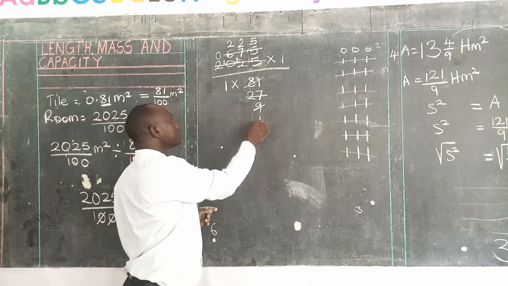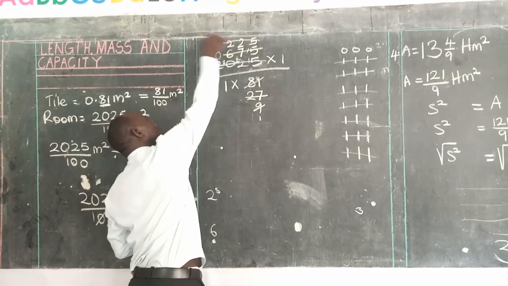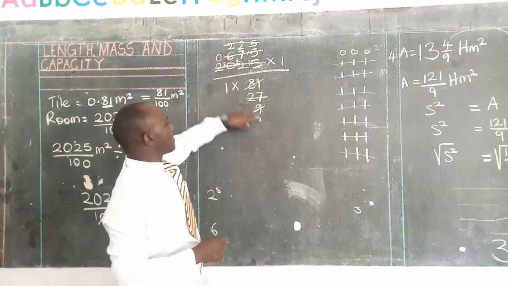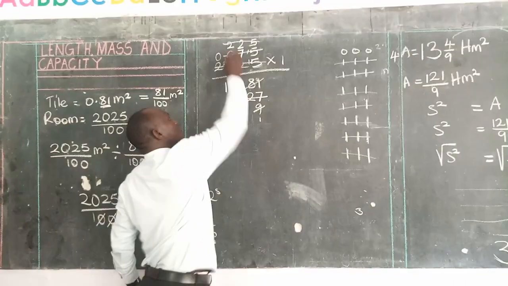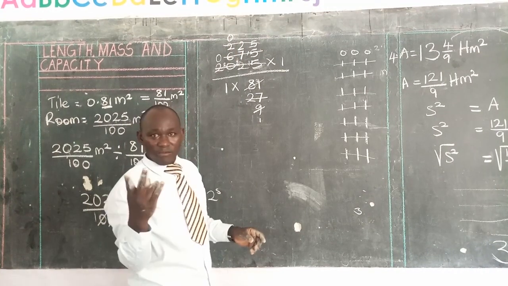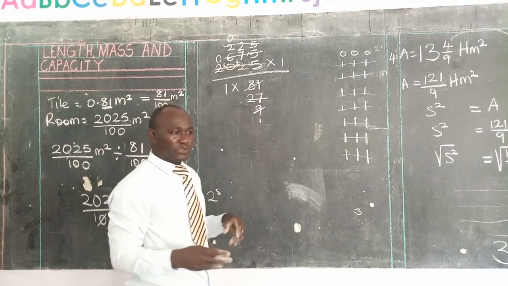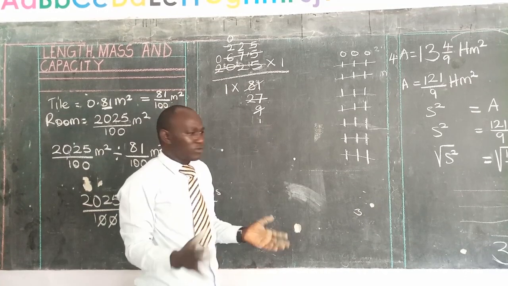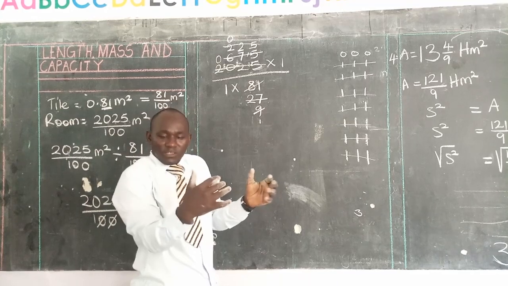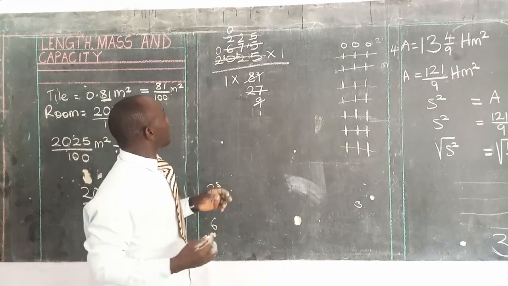What is 2 divided by 9? 2 is smaller than 9, so I'm going to have 0, and I'll remain with that 2. Because you cannot give 2 cars to 9 people for each person to get one. The best way is to reserve the cars and let them get nothing. So that will become happy.